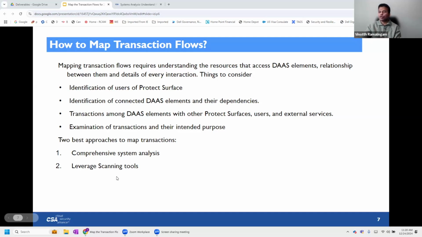The other thing that we talk about is leveraging the scanning tools. There are various scanning tools that the organization uses for various reasons, and surprisingly, they have a lot of transaction flow information, which can be used to derive your transaction flow mapping document.